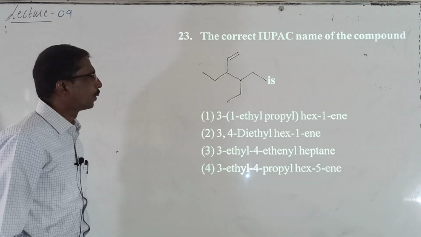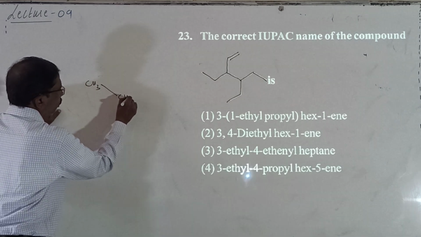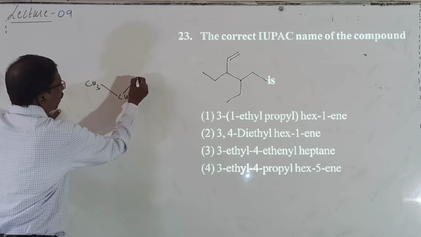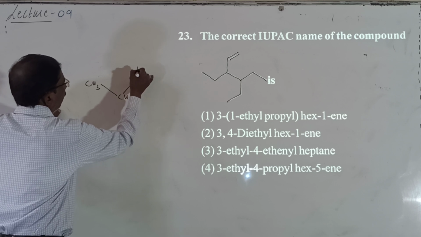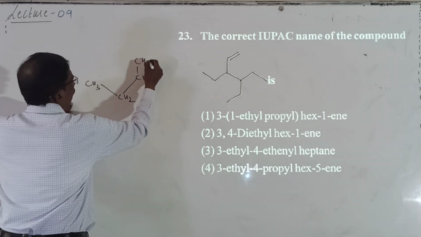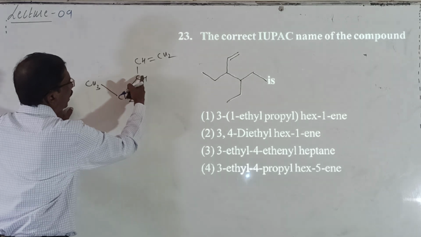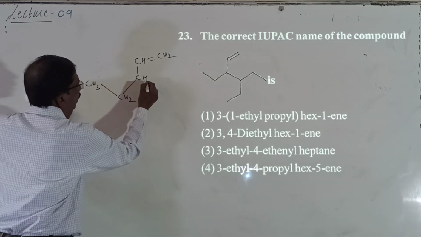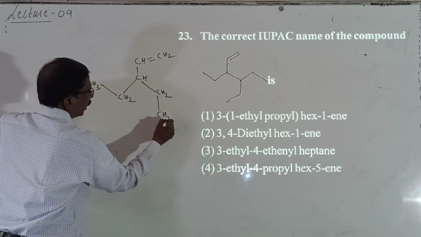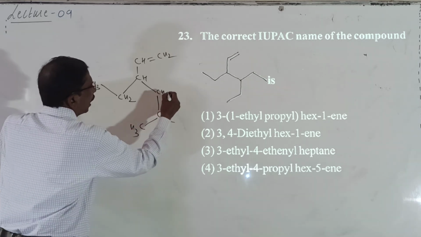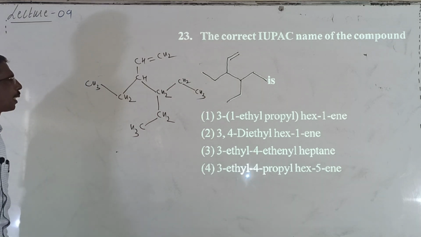I will write here: CH3, CH2, then CH3, CH2, CH, again CH, double bond CH2, and here it is 1 2 3, and again CH2, CH2, CH3, and CH2, CH3. Look here, the compound is like this.